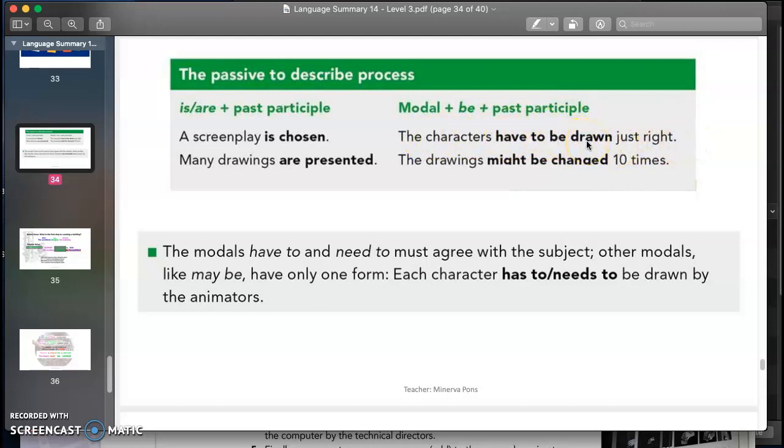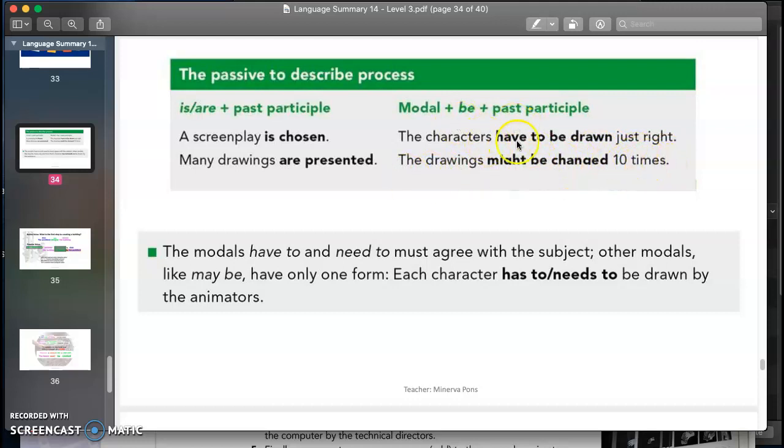Remember that drawn is the past participle of draw, like drawing flowers and all that. The drawings might be changed 10 times. Here the modal is might, the verb be, and the past participle is changed.